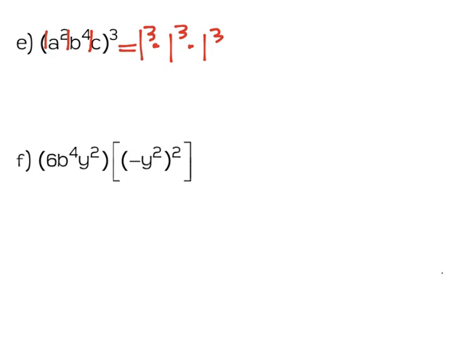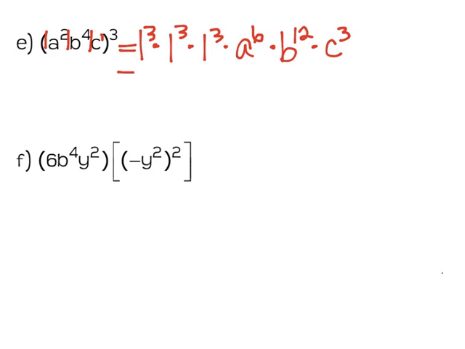Now we need to distribute it to the A times A to the 6th power, because remember we multiply, B to the 12th power and C, which has an exponent of 1 that we can't see, to the 3rd power.